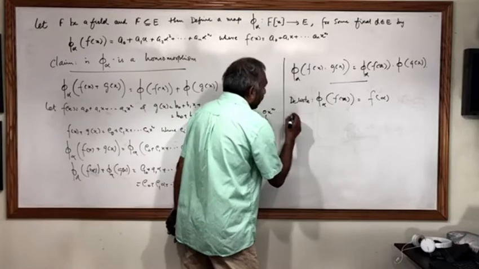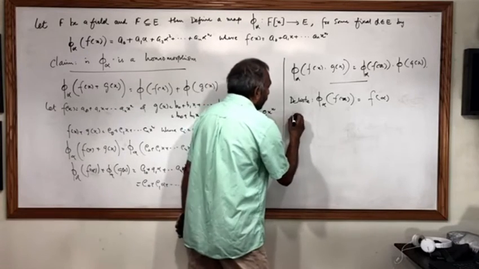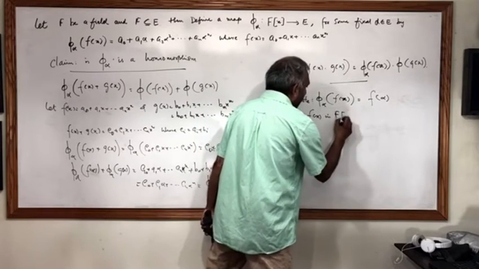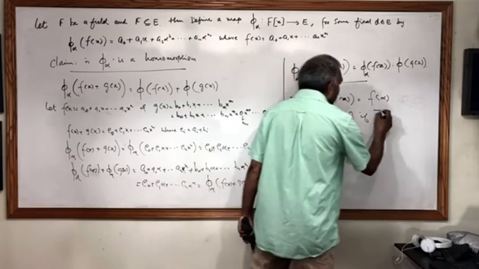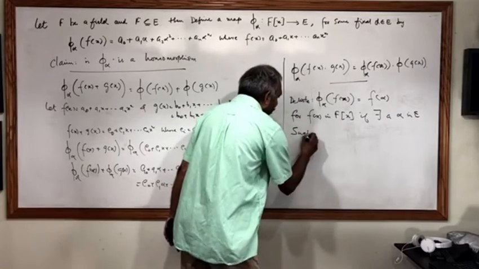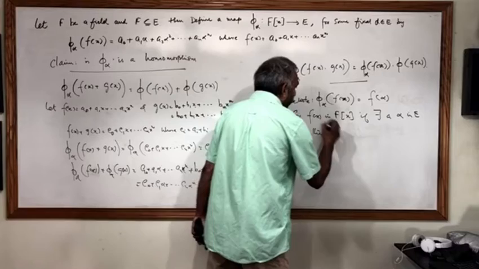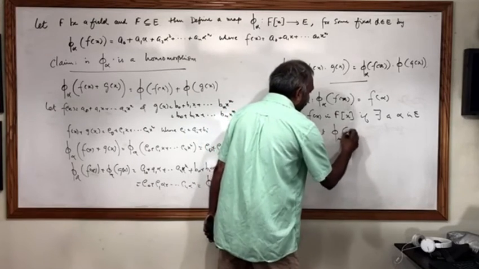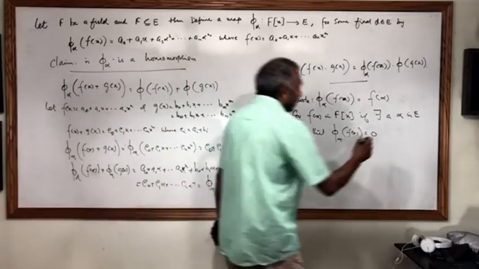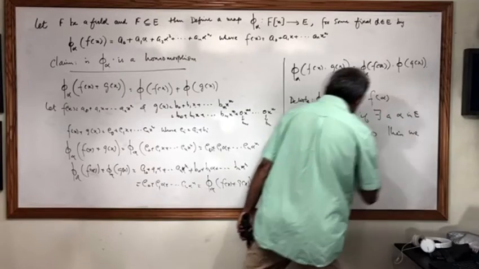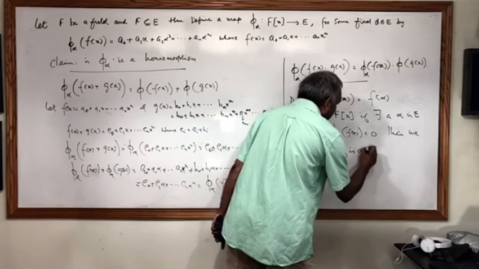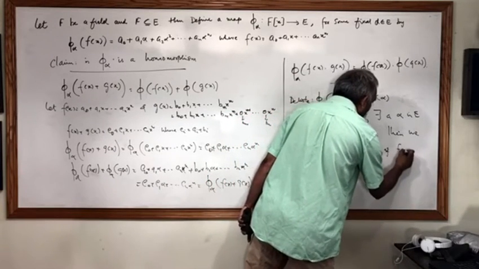So for f(x) in F[x], if there exists an alpha in E such that phi alpha of f(x) is equal to 0, then we say that alpha is a 0 of f(x).